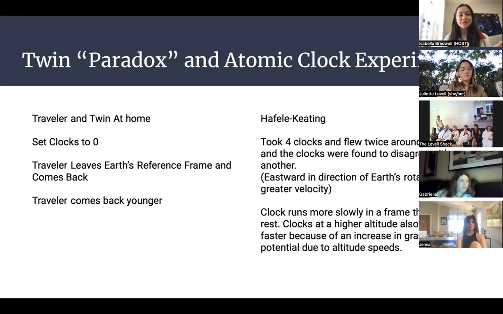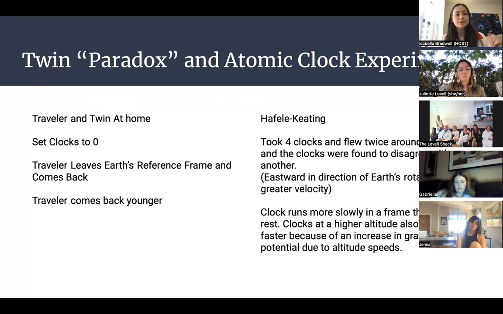These are the two most famous thought experiments, I guess they're not just thought experiments, they're actual experiments. One of them is an actual experiment that explains or proves, I guess, special relativity. One of them is the twin paradox. It's not really a paradox. It's just called a paradox because relativity is counterintuitive, but under the frame of relativity, it makes a lot of sense.